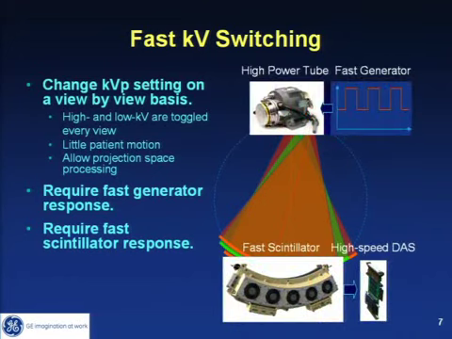You definitely need a very high powered X-ray tube. You also need a very low impedance, low capacitance generator to make sure the switching slew rate is very high. Also, you want a very high sampling rate DAS that can sample very fast at a very low electronic noise floor. And of course, you need a very fast scintillator.